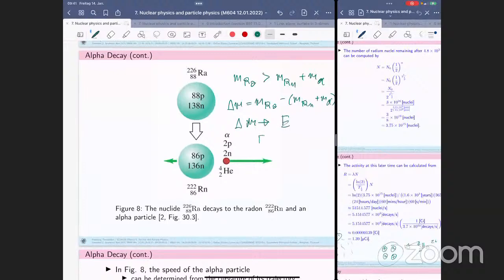And the relation here is going to be E equals delta M times 931.5 mega electron volt per atomic mass unit. You just use this Albert Einstein expression in terms of mega electron volt. This is delta M.